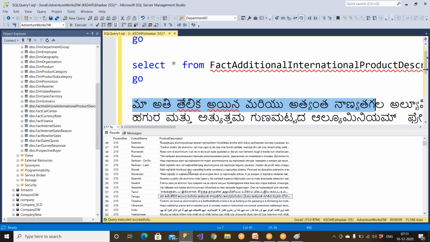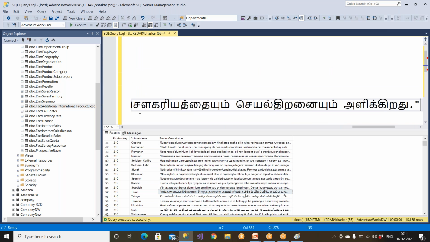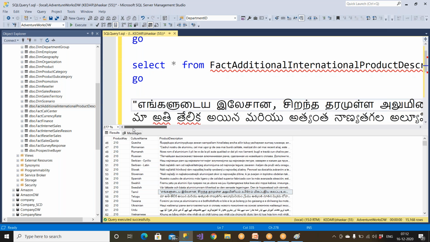Clear? So you need to understand SQL Server is supporting not only English data. This is English, so whatever you are storing, it is English. And this is one more Indian language. India has a lot of languages and every language has a good script. Most of the Indian languages are captured in this.